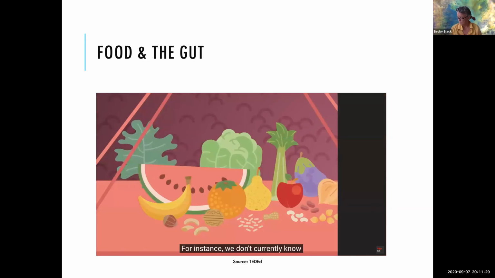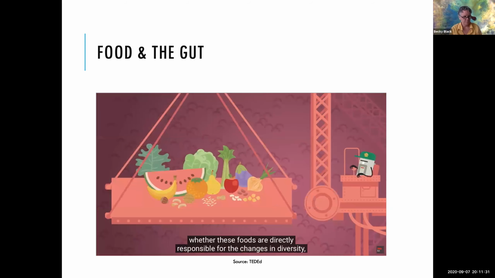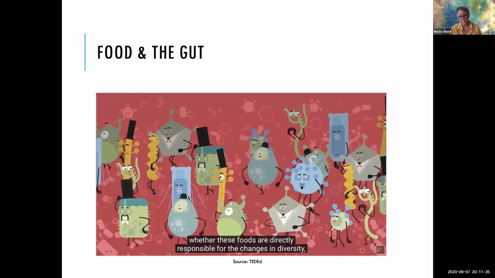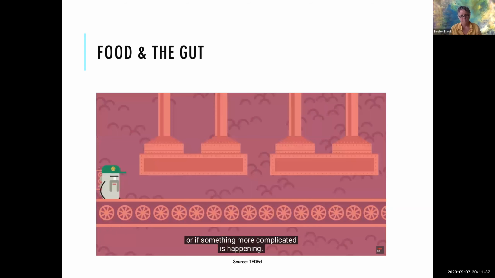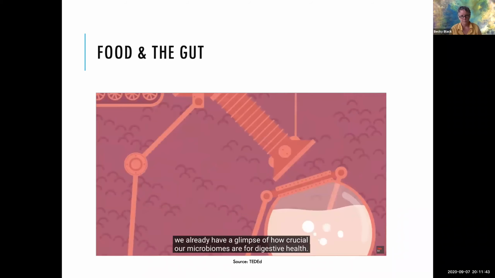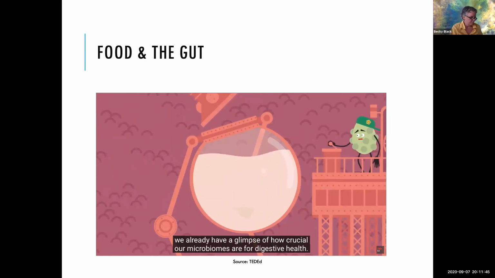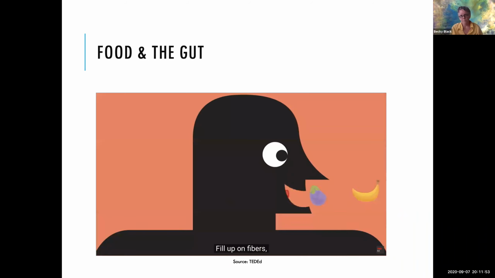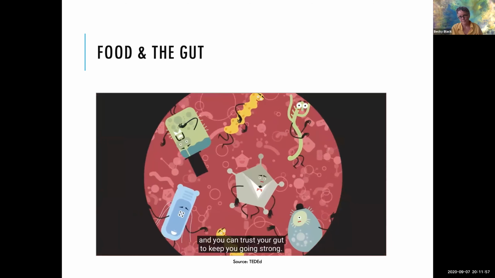For instance, we don't currently know whether these foods are directly responsible for the changes in diversity, or if something more complicated is happening. While we're only beginning to explore the vast wilderness inside our guts, we already have a glimpse of how crucial our microbiomes are for digestive health. The great news is we have the power to fire up the bacteria in our bellies. Fill up on fibers, fresh and fermented foods, and you can trust your gut to keep you going strong.